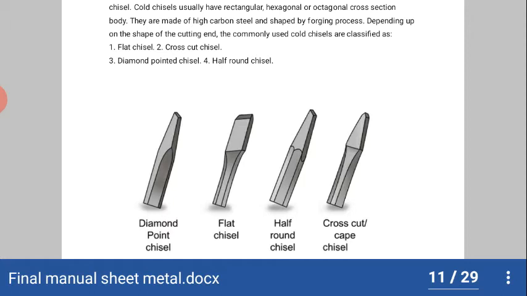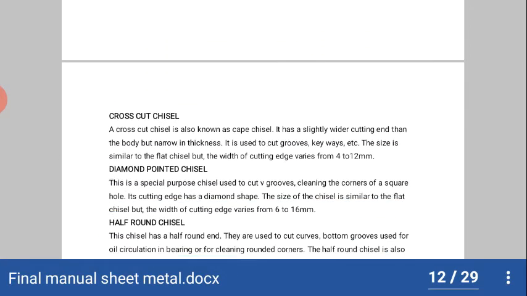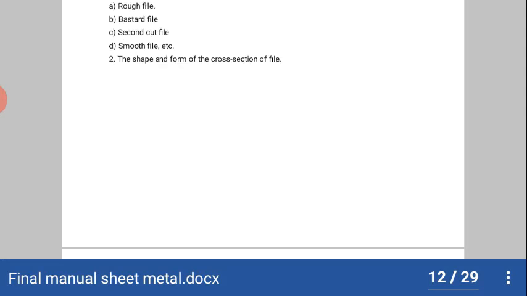These are made by forging, and the material of the chisel is hardened stainless steel, or a few chisels are also made from plain carbon steels. So these are the different types of chisels.